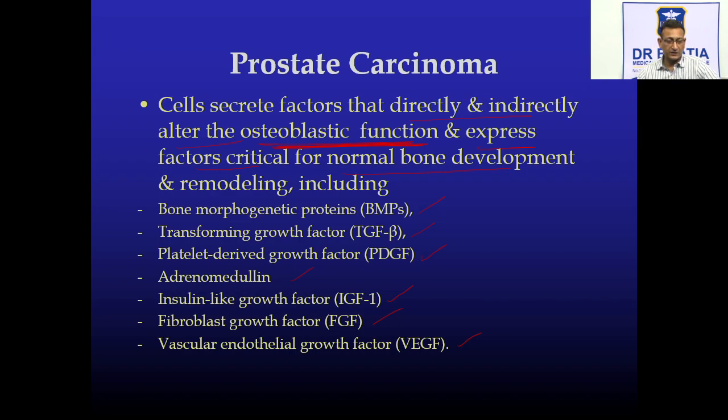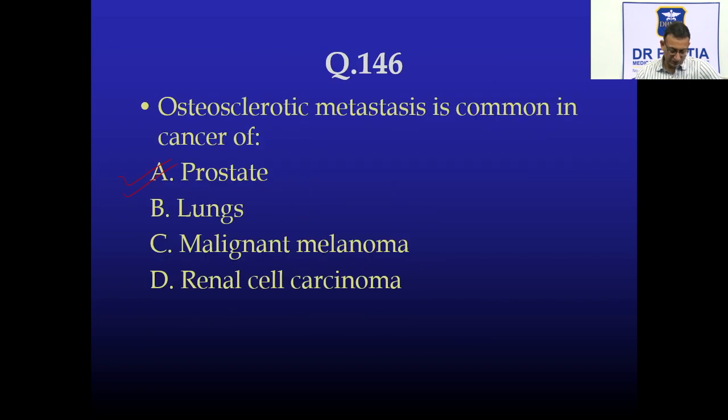All these factors are responsible for bone growth and remodeling. So that's why the prostate carcinoma metastases are usually osteoblastic. So the answer to this question is prostate cancer has osteoblastic or osteosclerotic metastasis.